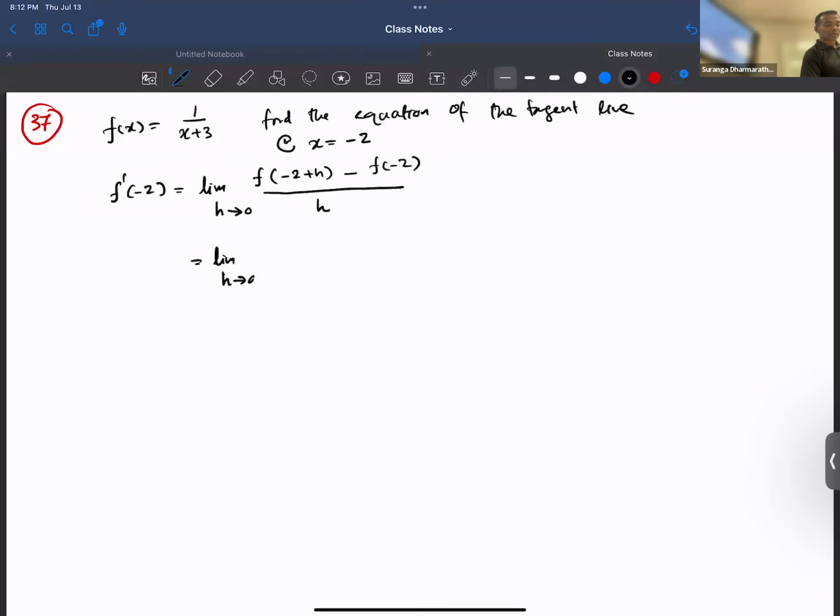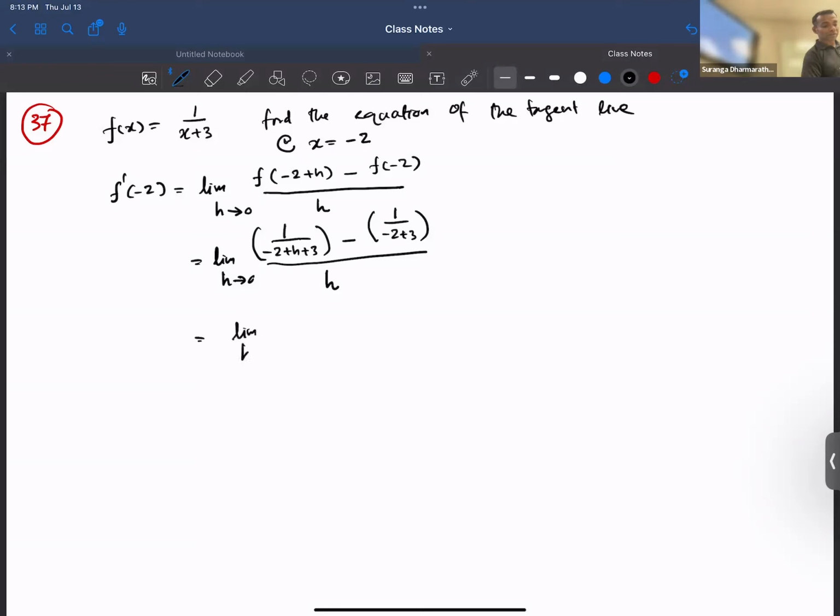I need to write 1 over, instead of x, I write negative 2 plus h plus 3. Minus, what is this one? 1 over negative 2 plus 3. Right? Divided by what? h. Right?